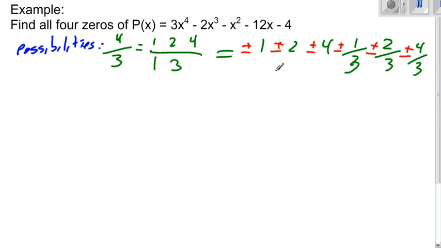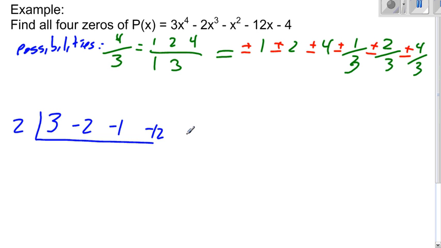And we just check them with synthetic division. So I'm going to start with checking 2. And that goes into 3, negative 2, negative 1, negative 12, negative 4.